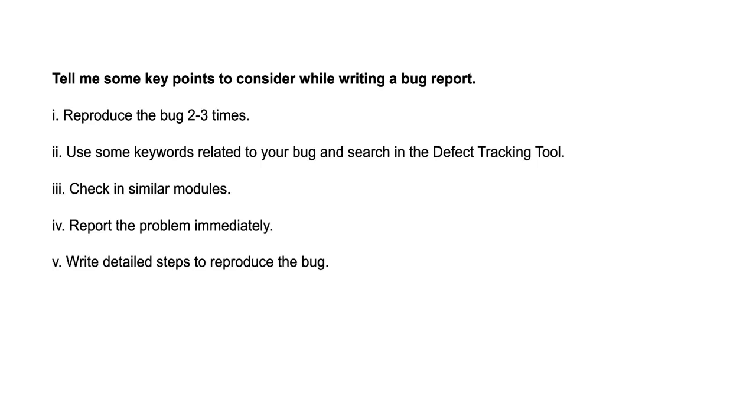Because if you do not provide the steps to reproduce, the developers might not know how to reproduce it. If you are coordinating between onshore and offshore, that is a difficult task. So it is better you provide detailed steps, what you did after what, so that you got this exact issue, and so that they can reproduce it. This is an important step.